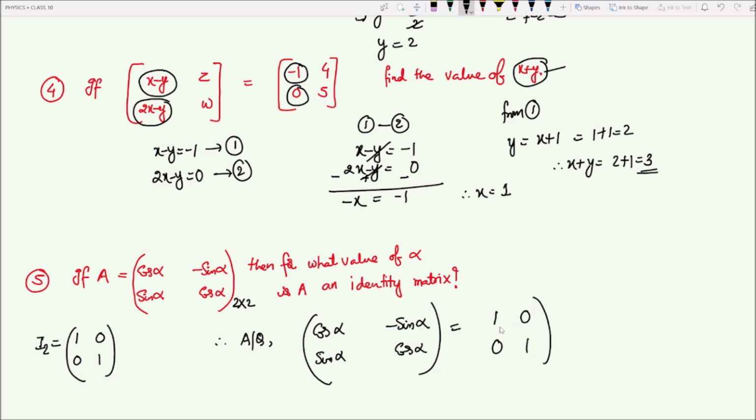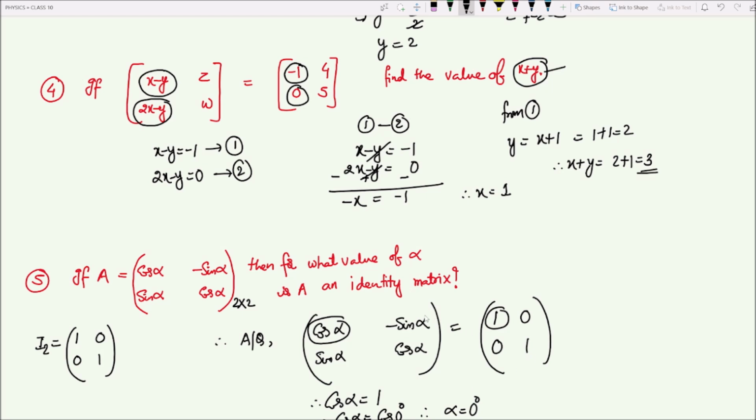That means the order of the two matrices should be equal, and this is the unit matrix of order 2. Now, comparing the coefficients, cos alpha is equal to 1. So here cos alpha is equal to 1. As we know, cos alpha is equal to the value of cos 0 degree. Therefore here alpha is equal to 0 degree.